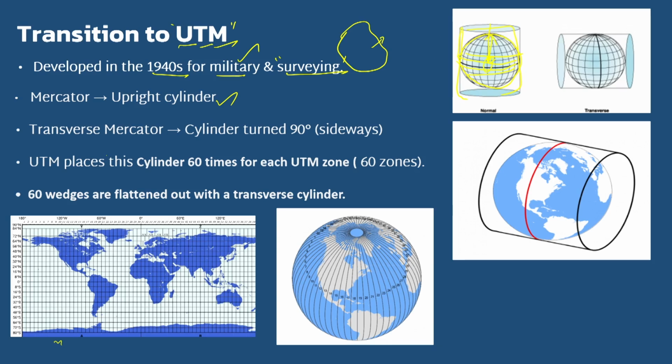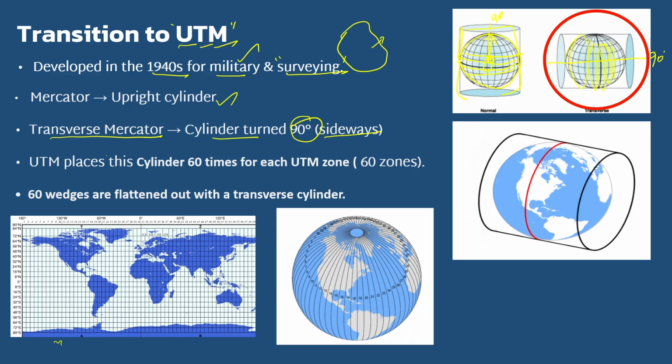In order to overcome this, the Transverse Mercator cylinder is turned 90 degrees sideways. Instead of wrapping around the equator, here we wrap around the meridians, in this way. We are cutting the globe into small zones. We will discuss them one by one, so that it covers the complete globe with minimum distortion.